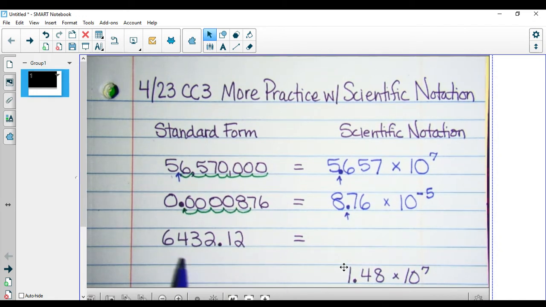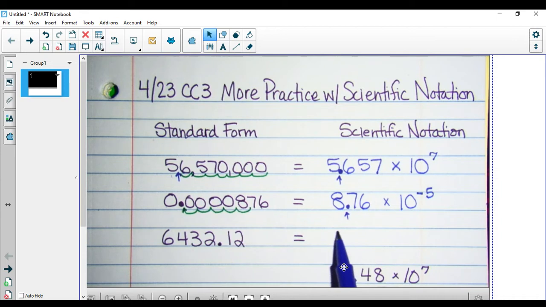The next one is slightly different because we have a decimal in the middle of the number already. That's fine. We're still going to look at all of our significant digits, and all of them are significant. So I'm going to write down all of them. 6, 4, 3, 2, 1, 2. But I'm going to put my decimal so that this number is greater than or equal to 1 and less than 10.